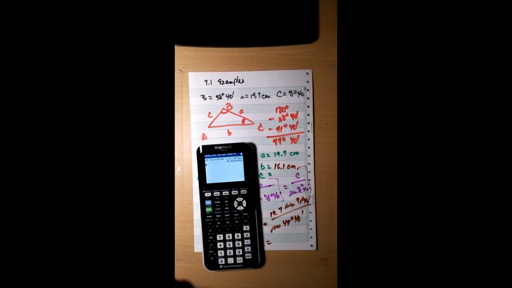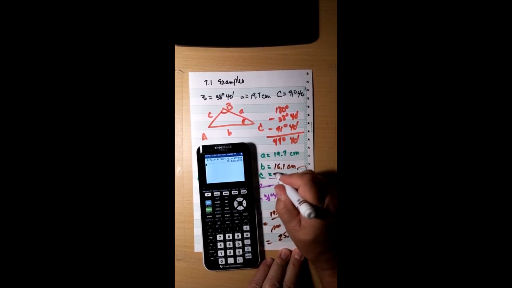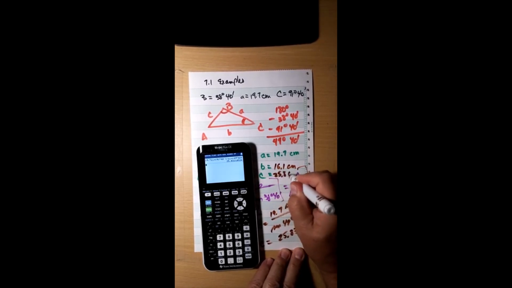And it gives us 25.83. So 25.8 centimeters.